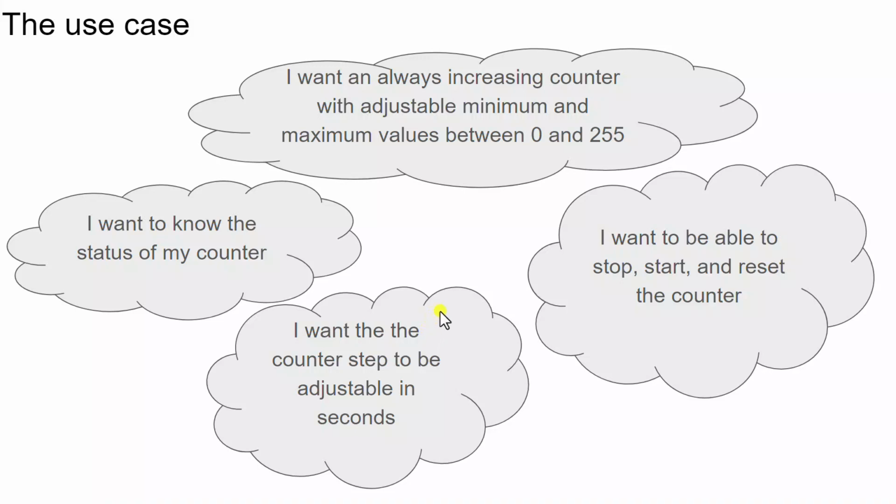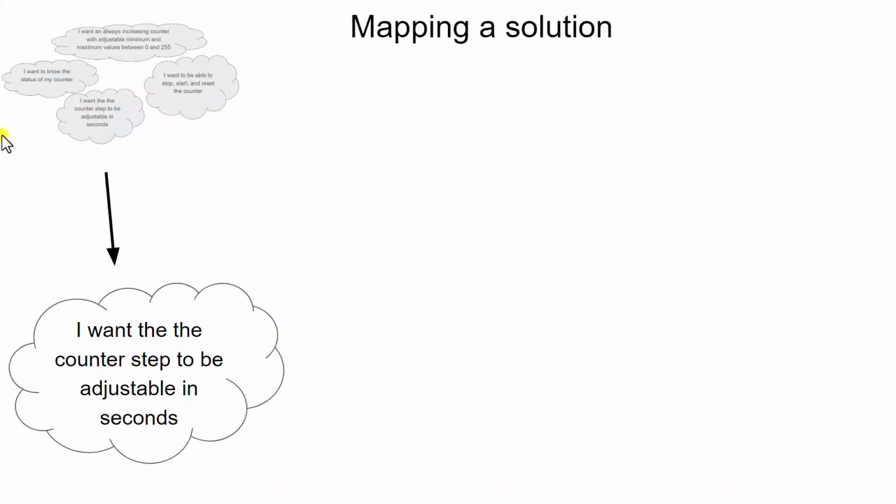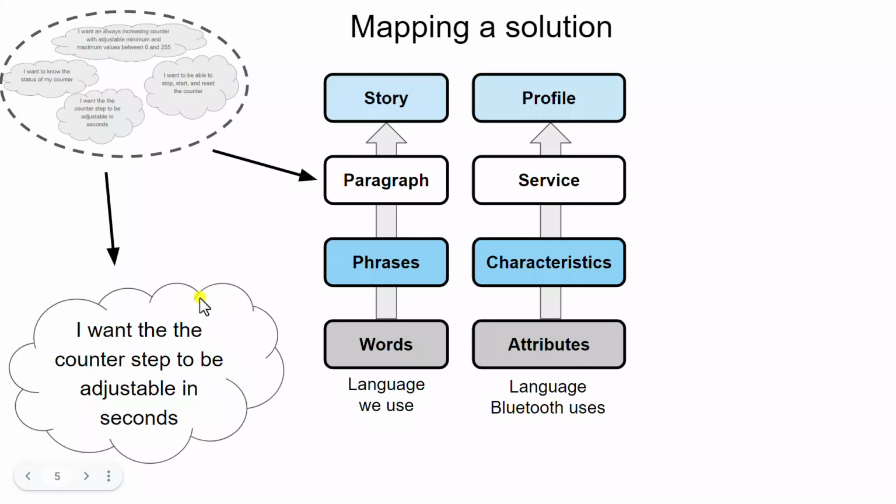So to look at how this relates to Bluetooth and GATT servers, if we take those requirements and just focus on one of them, wanting that counter step to be adjustable in seconds, we can map the requirements of what I want with this counter to the Bluetooth GATT server world by breaking them down first to very basic parts of words.